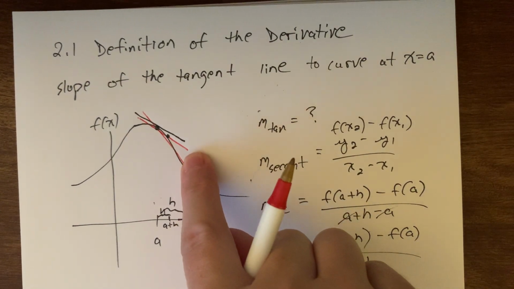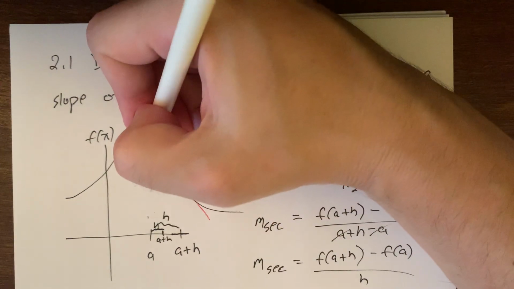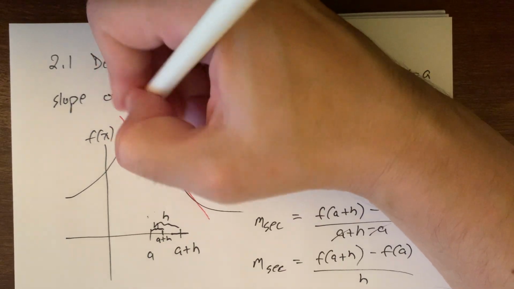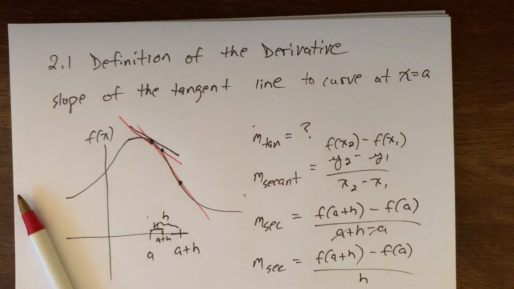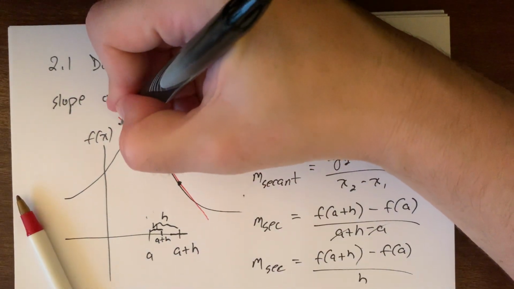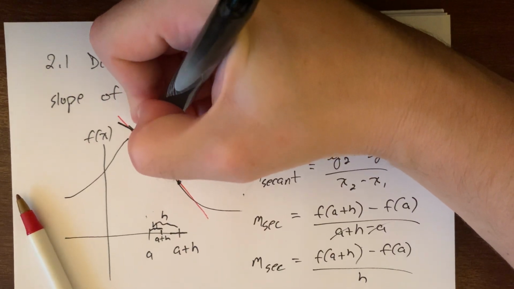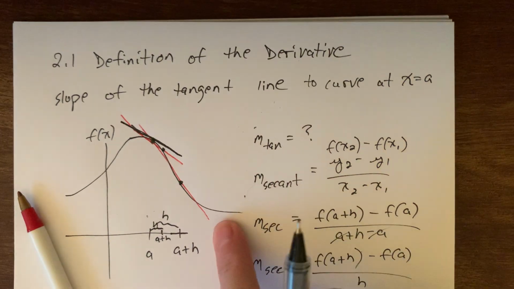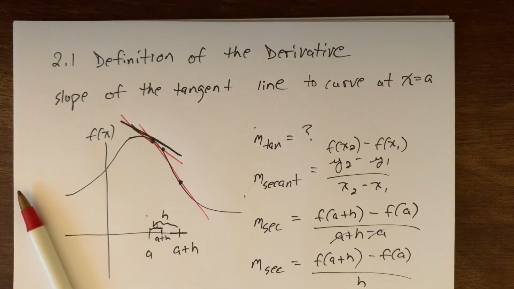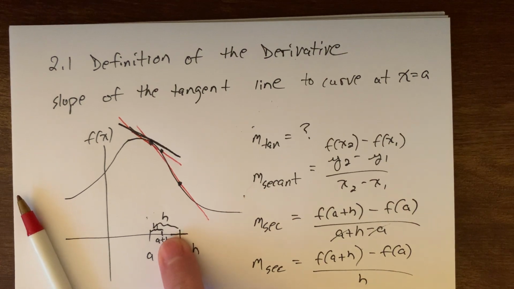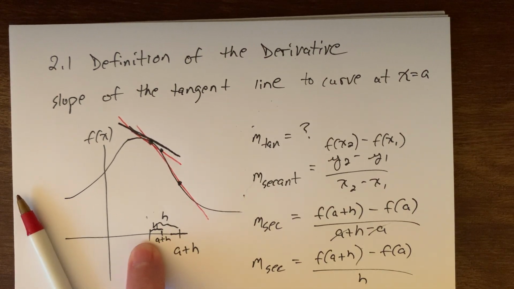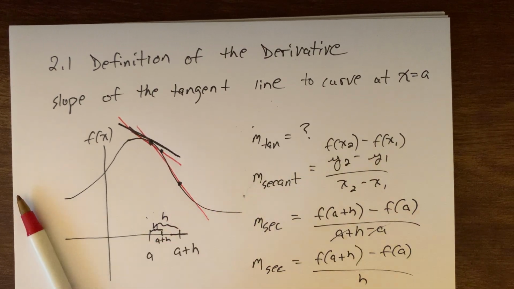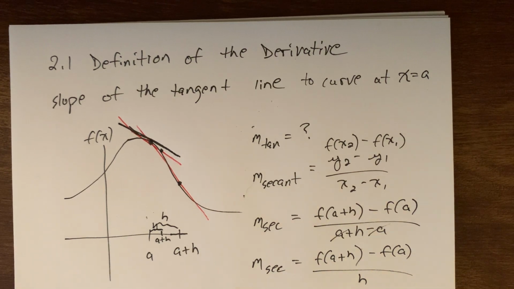This red line is so much closer, especially if I draw it a little further, it will crisscross up here. But that red line is so much closer to my original tangent line than that first red line was. How did I make it a better approximation? I picked my second point closer to my first, so h is a smaller value.